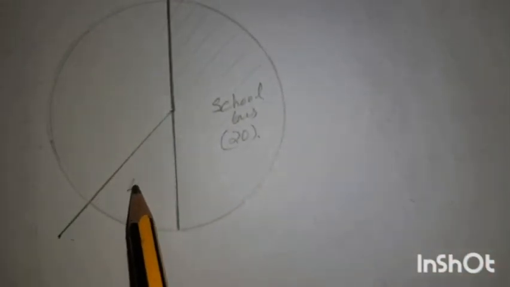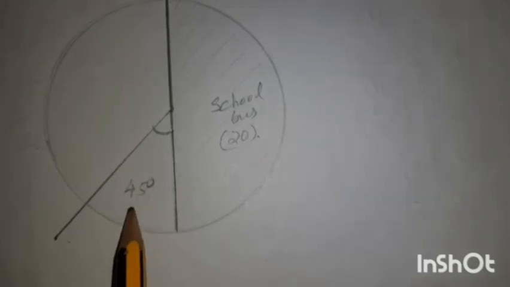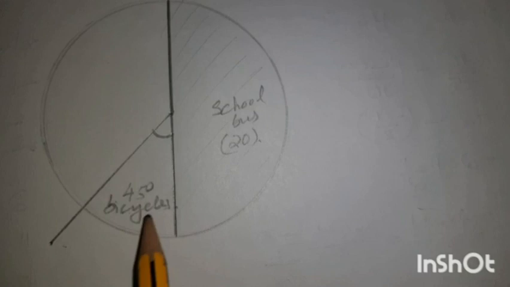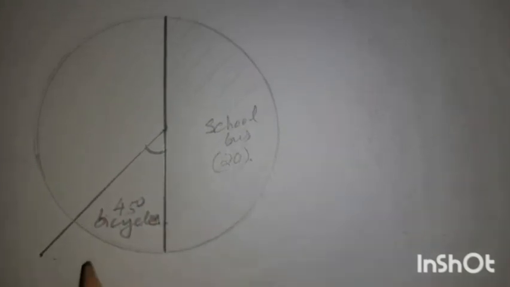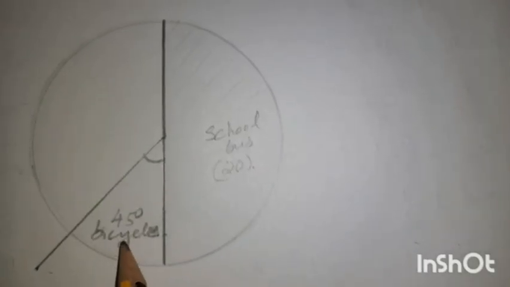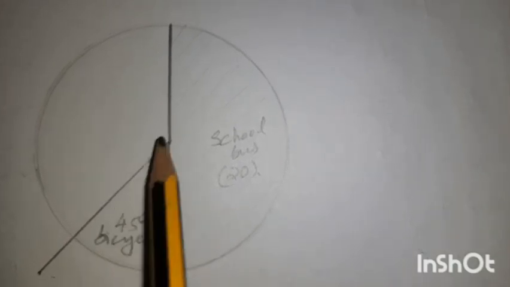So this portion is the 45 degree angle. This is for bicycle students, 1/8 part. Okay, and the 1/8 part of total 360 is 45 degrees. That 45 you have to mark. This angle is how much?